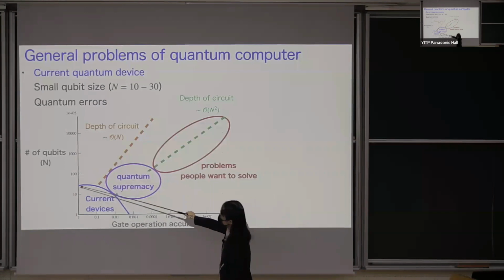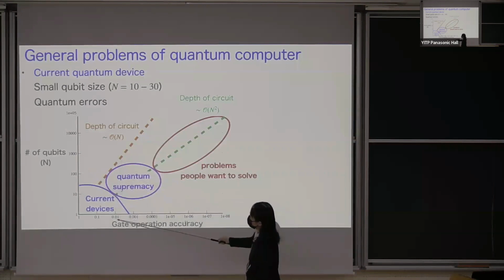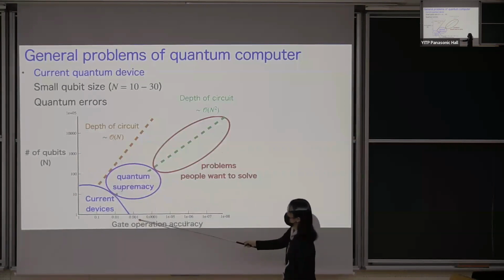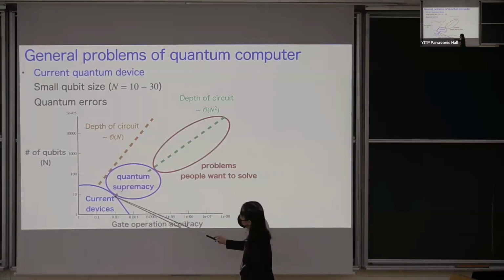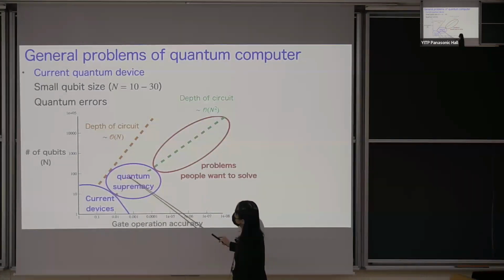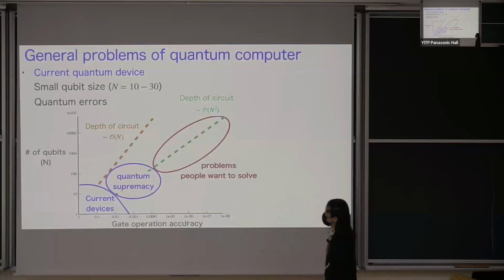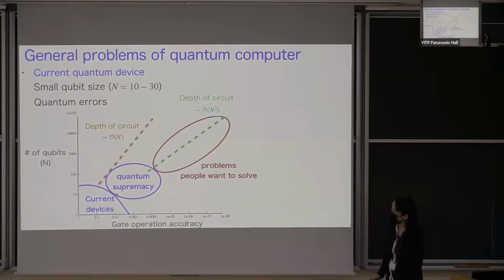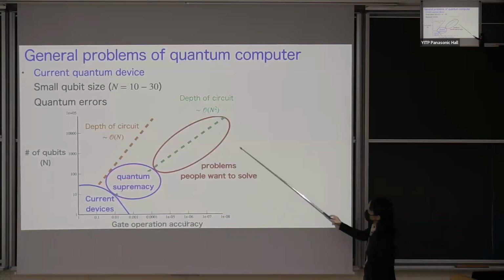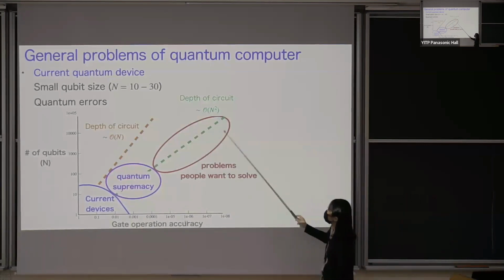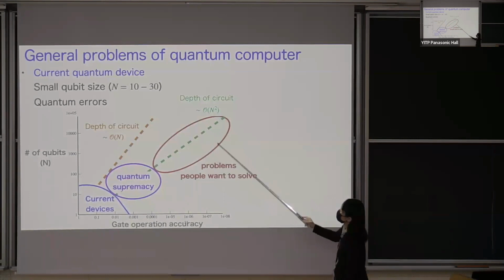Current devices are around here. Size is 10 to 100, and gate operation error is 0.01 to 0.001. The current devices touch the region of quantum supremacy. Actually, Google did it three years ago. But the problem people want to solve is around here.